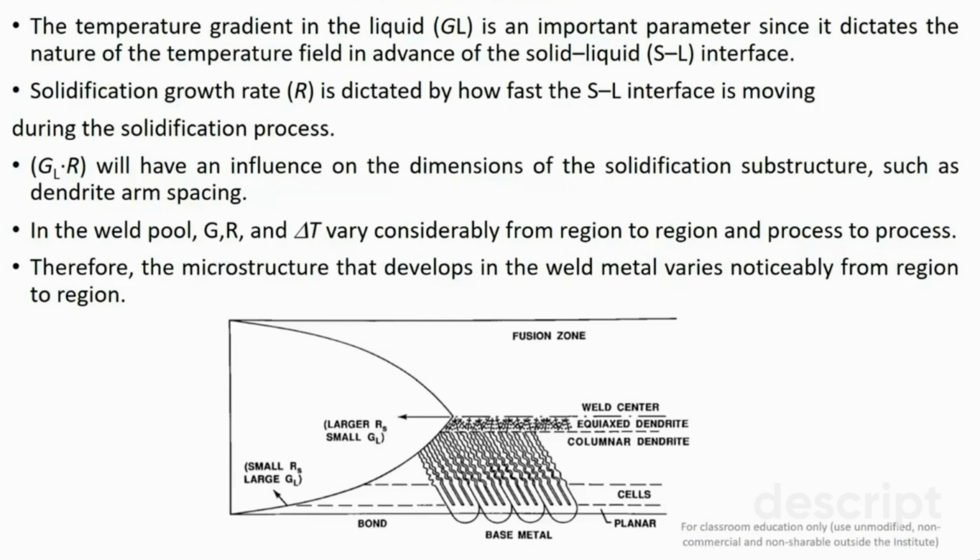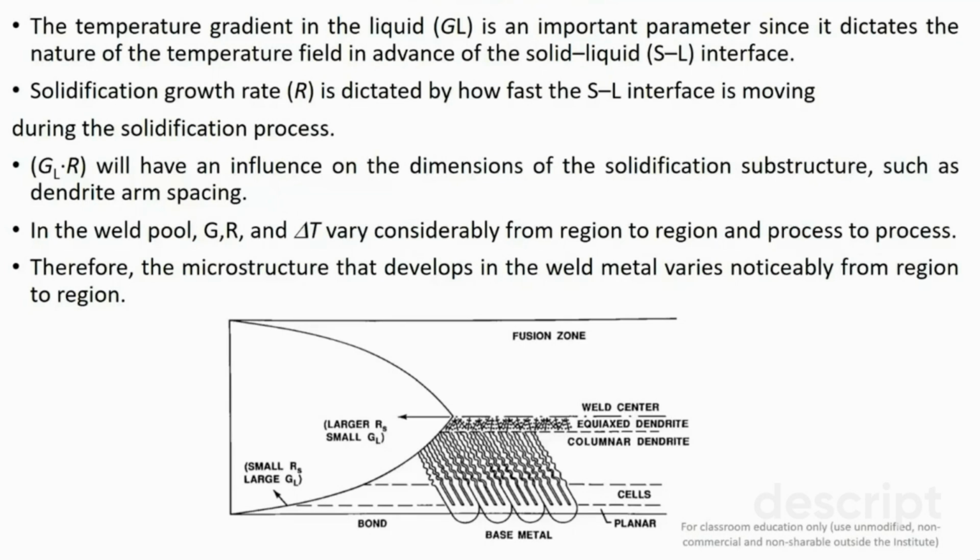And in case of this molten weld pool, all these factors like G, R, and delta T vary from region to region and process to process. Within the same pool or in the vicinity of your molten weld pool, there is a change in the value of G, R, and delta T, and it depends upon the process. Therefore, the microstructure which develops in the weld metal varies noticeably from region to region.